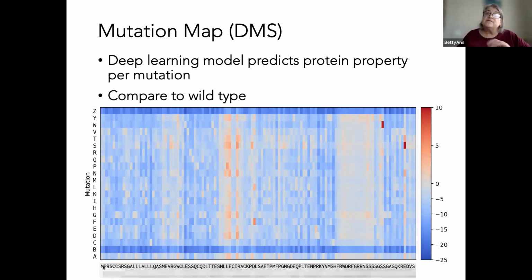But because there are 26 letters, for every one of these amino acids along the x-axis, if I mutate it to a different amino acid, A, B, C, D, E, all the way up to Z, what are now this drug's characteristics? For example, let's say I'm trying to measure binding strength, and maybe we want the binding strength to be as strong as possible. So if I change this first amino acid from an M to an A, is it more or less strong in the binding characteristic?